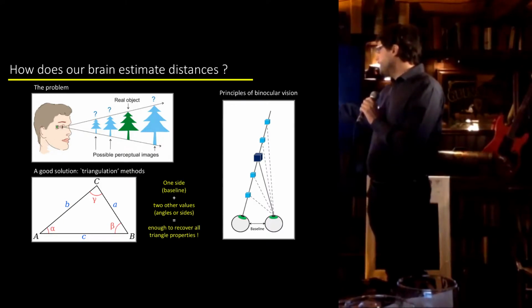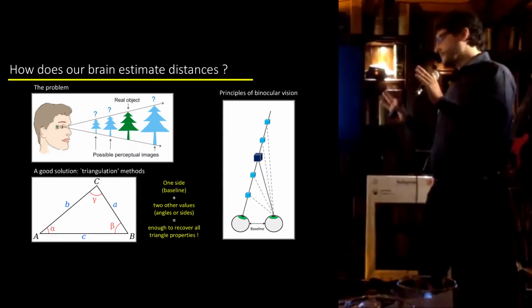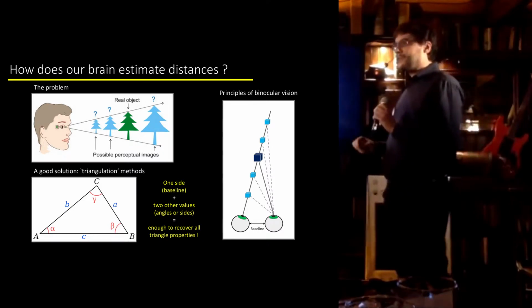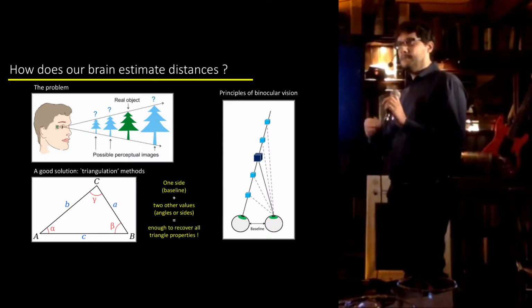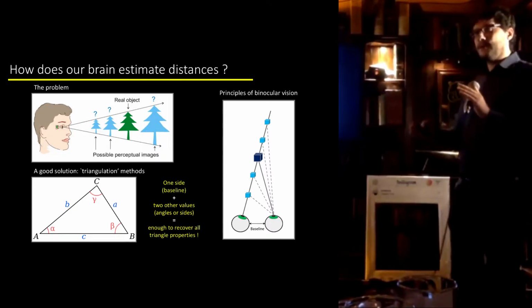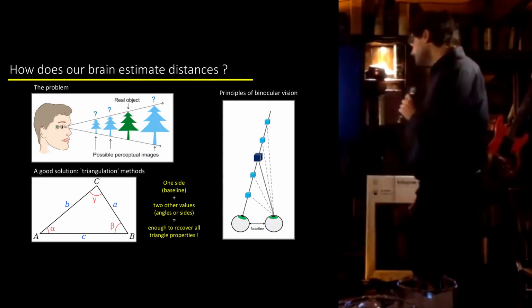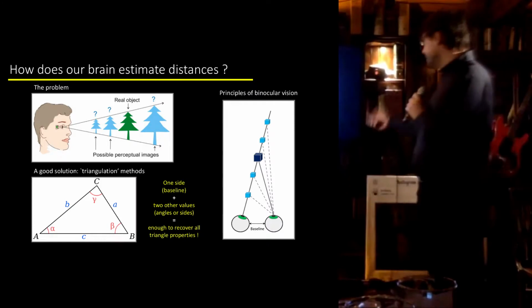If you have one baseline that fixes the general size of the triangle, you just need essentially 2 other quantities, be it angles or other sides, to fully specify what the triangle looks like, and therefore get the distances. So that's how the eye works.